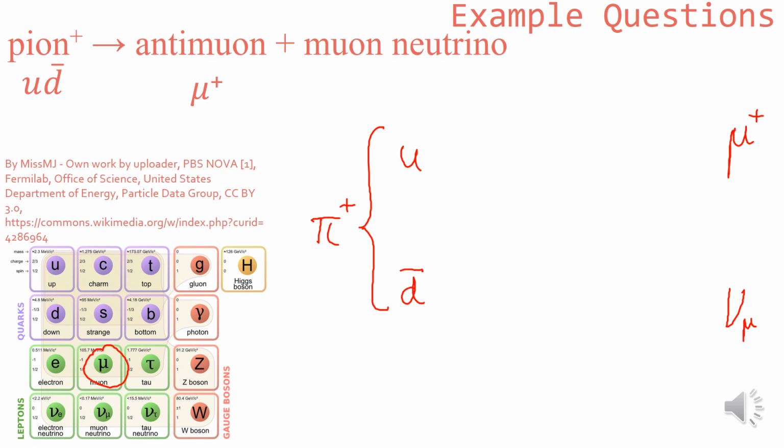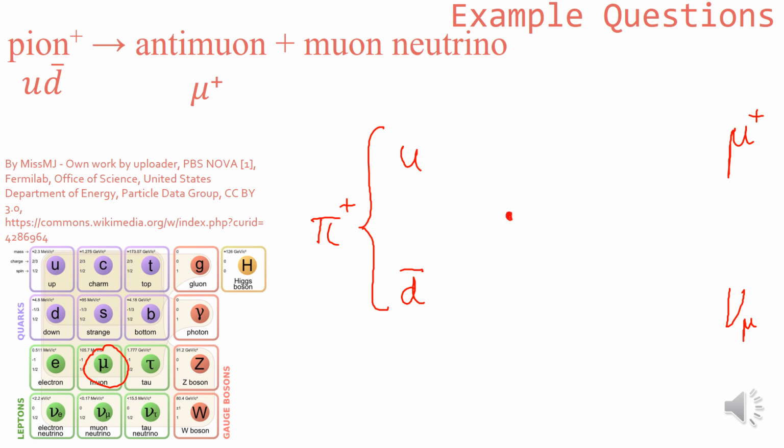Now, if you remember, I said when you rotated the purely leptonic weak interaction we had earlier, you'd find that one of them, either the lepton or the neutrino lepton, would be an antiparticle. Well, previously we had it as an electron neutrino and an electron, whereas in this case we have an anti-muon and a normal muon neutrino.